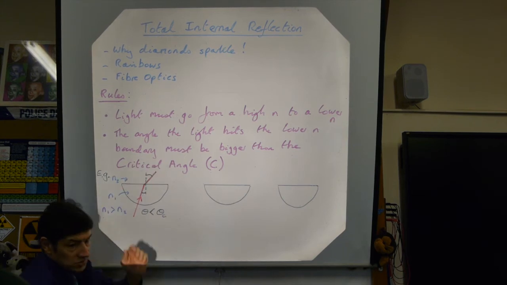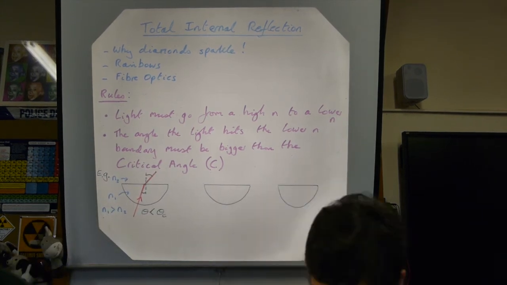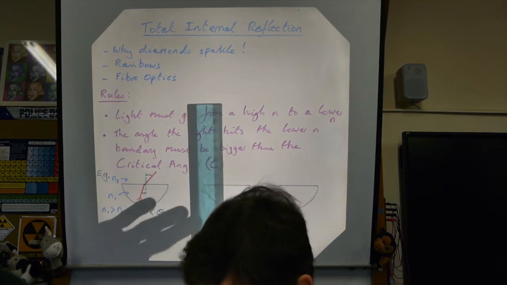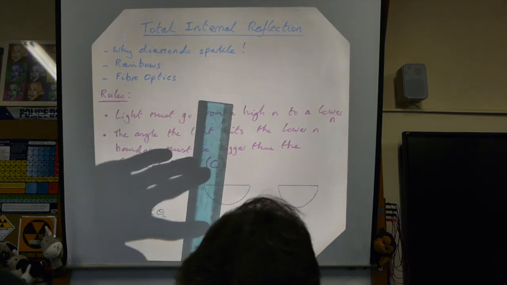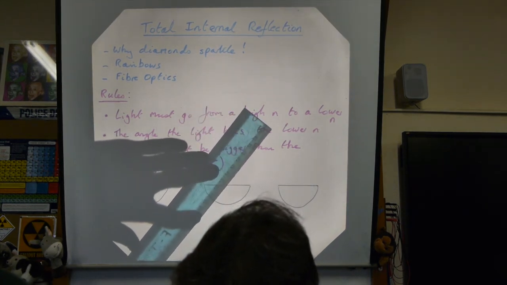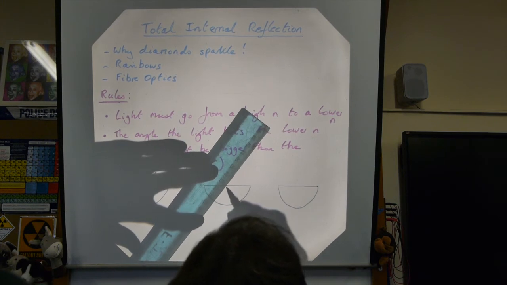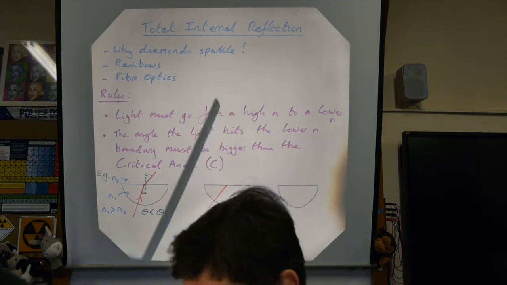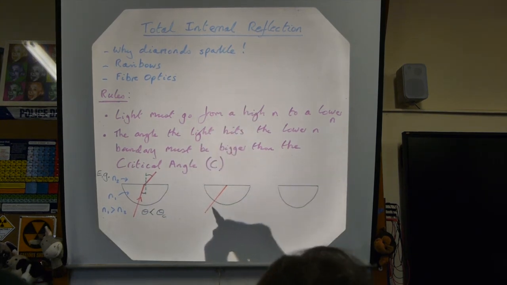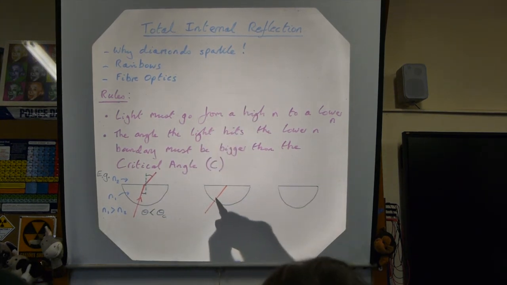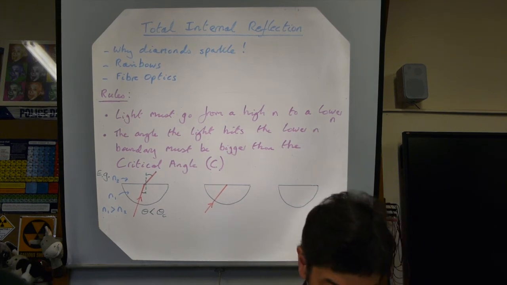Okay, so what happens if we don't go straight in, we don't go at that angle, but we go at a bigger angle? It's not 45 degrees necessarily. I hope you're all happy with the fact that that ray will go straight in there because it's along the normal. So there's the ray going in.